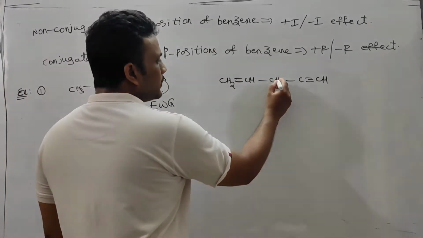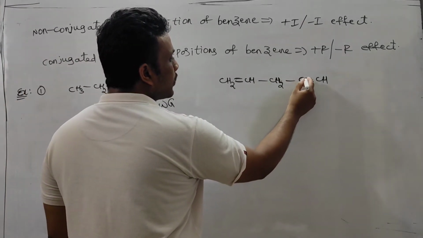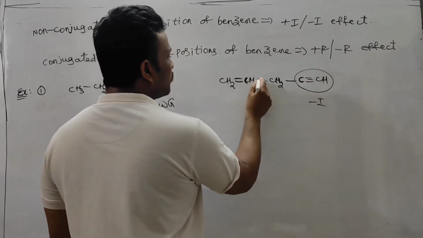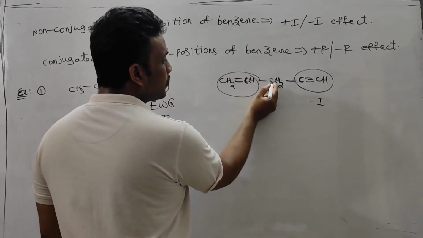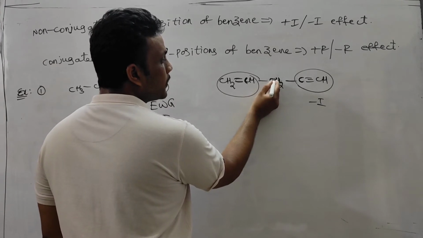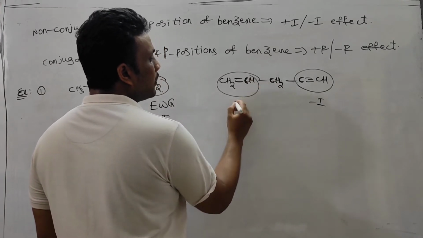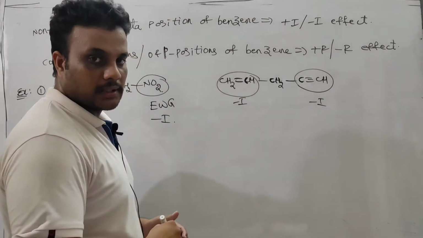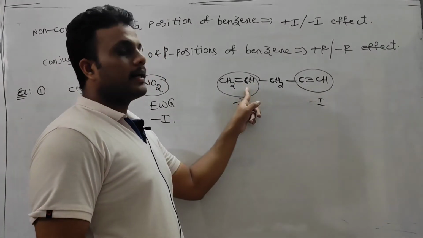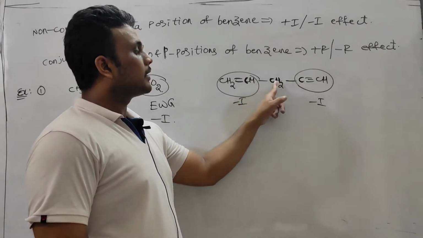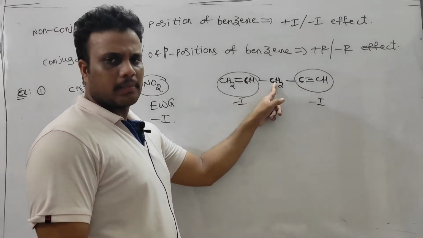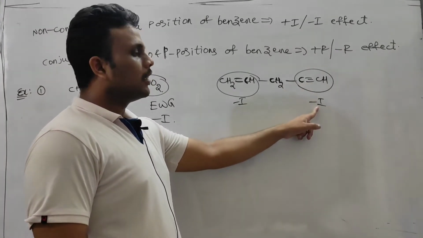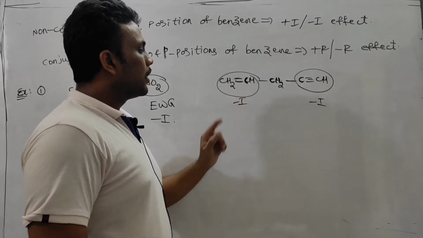In this case, we know this is more electronegative and this is less electronegative, so it behaves like a minus I group with respect to this carbon. These two are not directly connected to each other. It is connected to this carbon, which is sp3 carbon, very less electronegative. So with respect to this carbon, this is more electronegative, so minus I group.